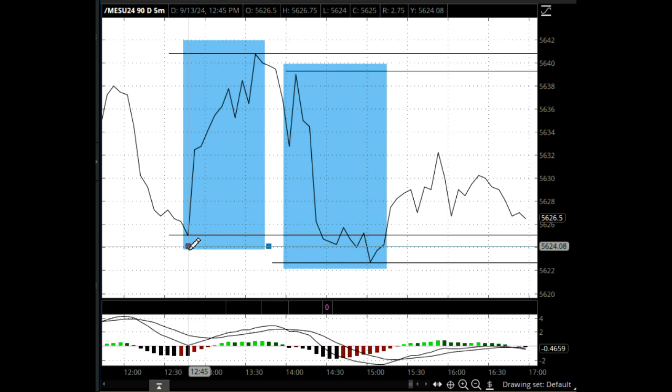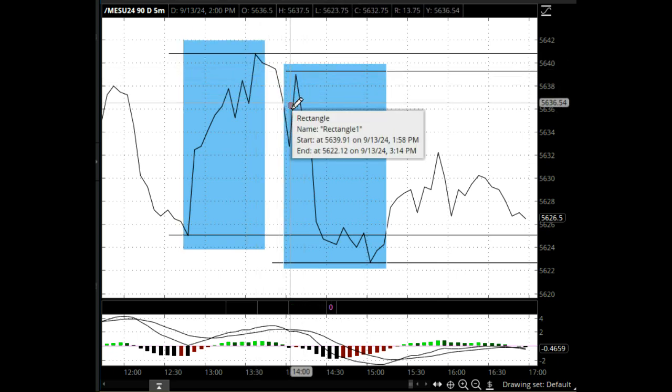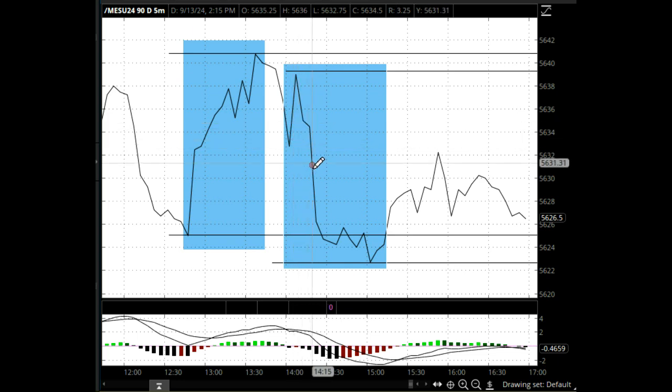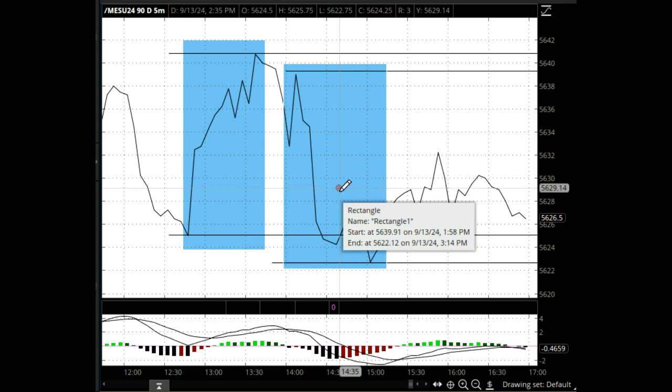So in this particular fractal, okay, you wait for the count. That's your top here. Okay, and you wait for the break. You go long, and as the market continues to decline, when you hit that 29, 28 area, that's your 10 points. You get out. You forget about it. Okay.